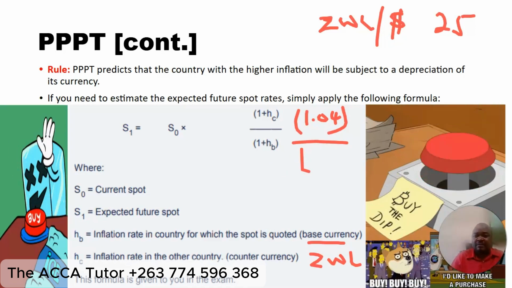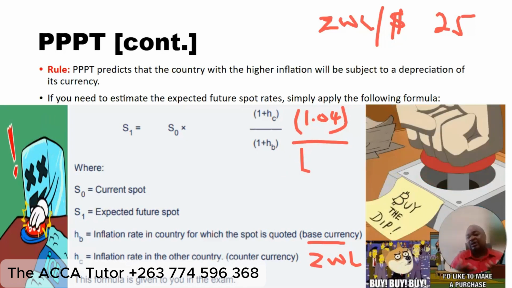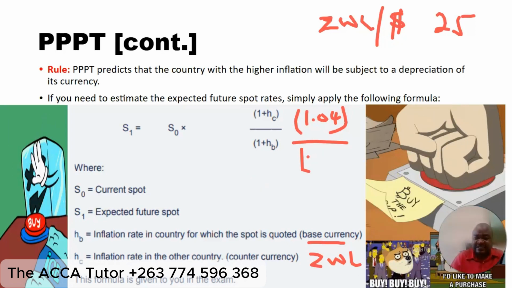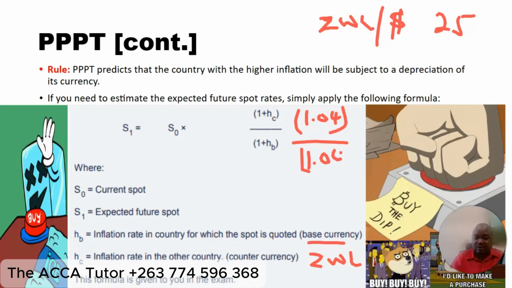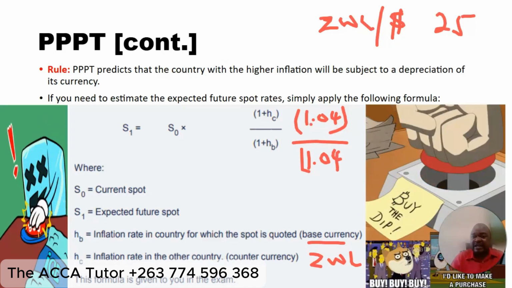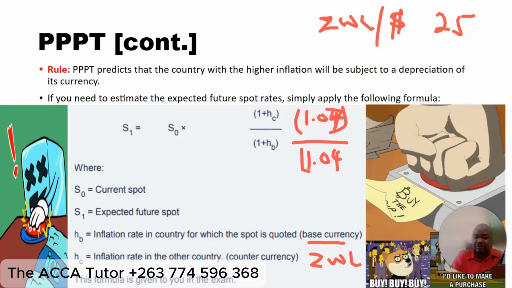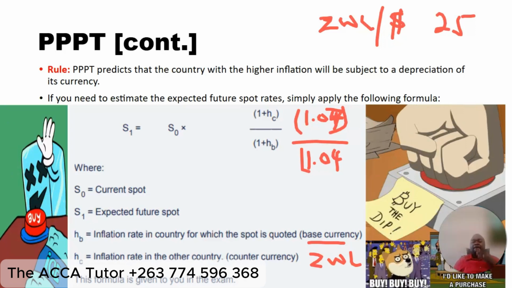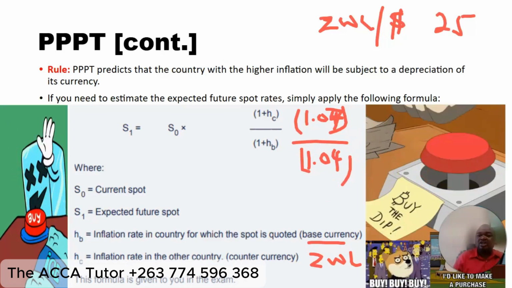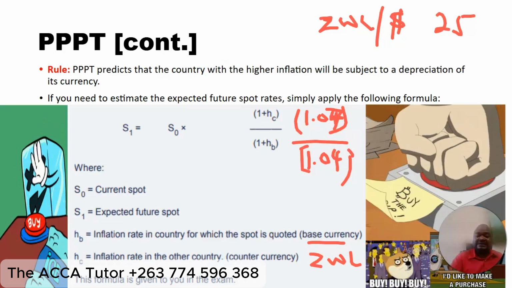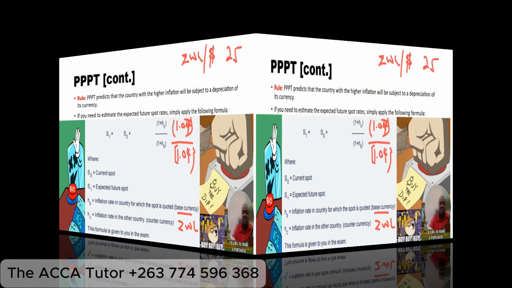We have said that this is quoted in USD, so obviously the inflation rate for the USD should be below here, and the inflation rate for the counter currency should be on top. So if the Zimbabwe rate is 7%, you put your 7% on top there. Excuse me for that. Let us do an example to illustrate the point further.